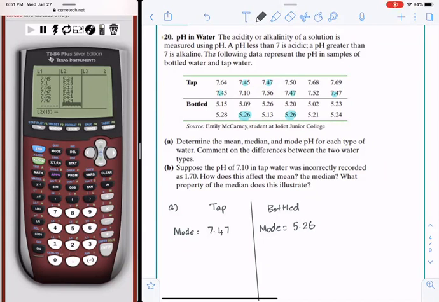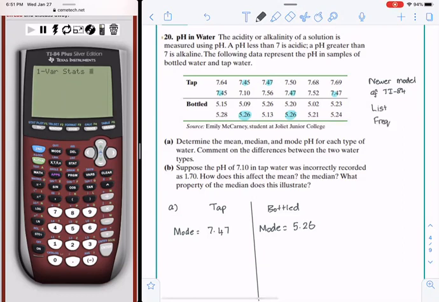So now that I've entered the data, I'm going to exit, press stat, over to calc, which stands for calculate, select 1, 1 more stats. Note, if you have the newer model of TI, it should have a list option.